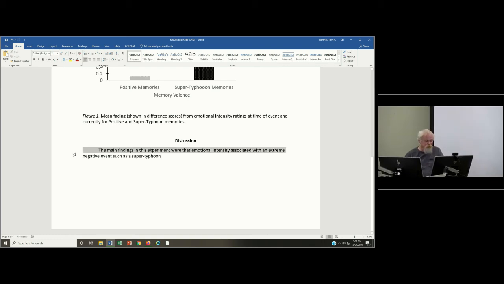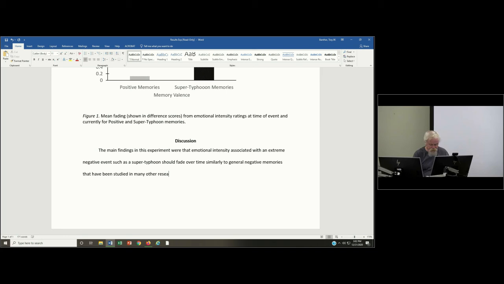let me double space this. Should fade over time, similarly to general negative memories that have been studied in many other research efforts.